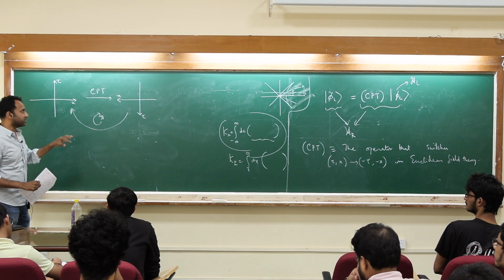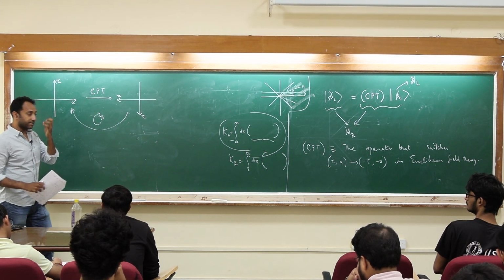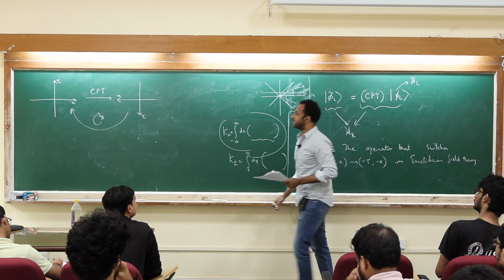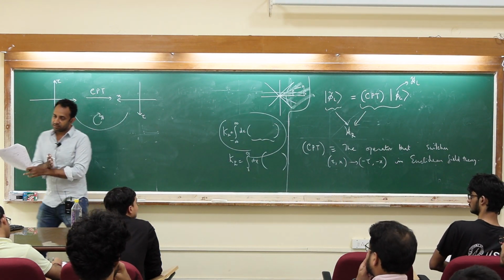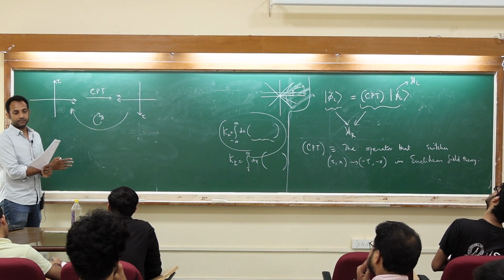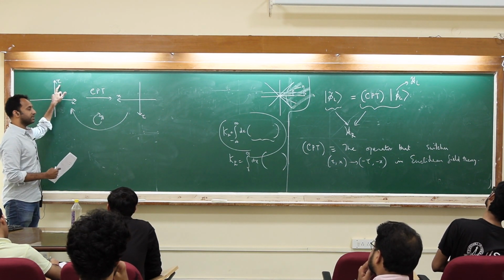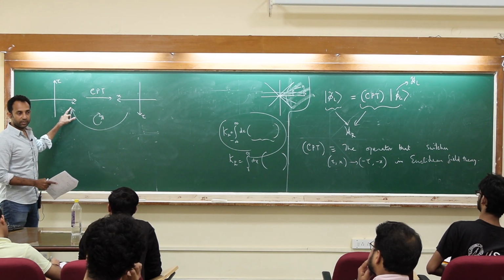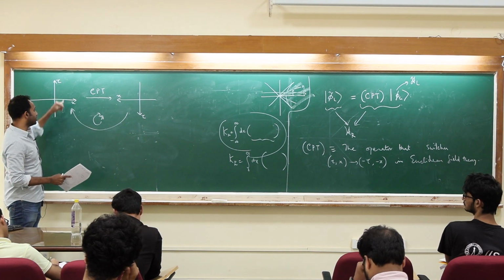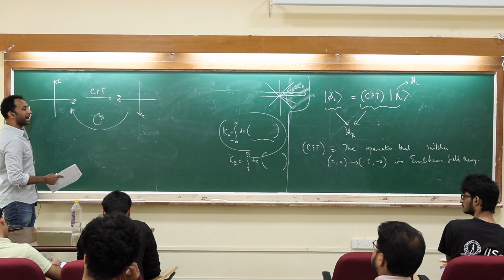This is the reason why I said that CPT is a kind of unnecessarily tricky thing to define, but what is fundamentally important here is that in any number of space-time dimensions, if you flip one time coordinate and one spatial coordinate, that is always understandable as a rotation. Okay, so time reversal together with this parity operation.